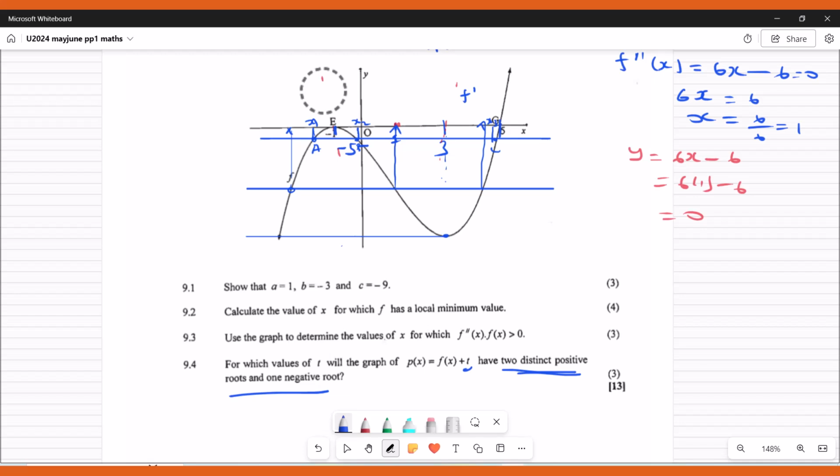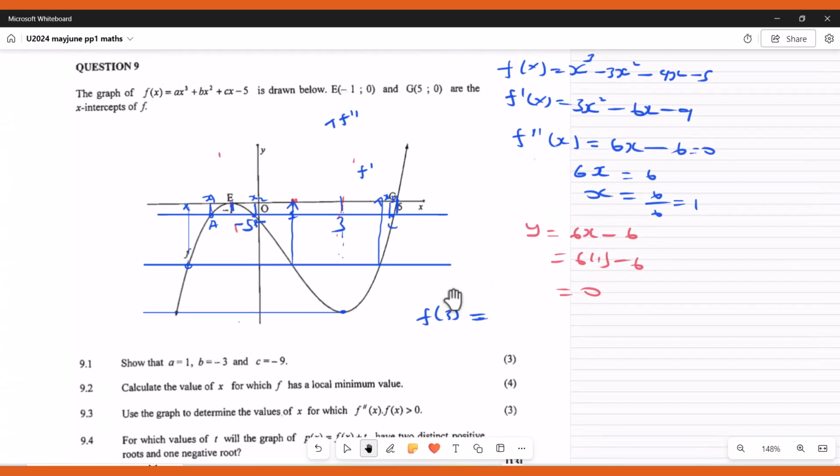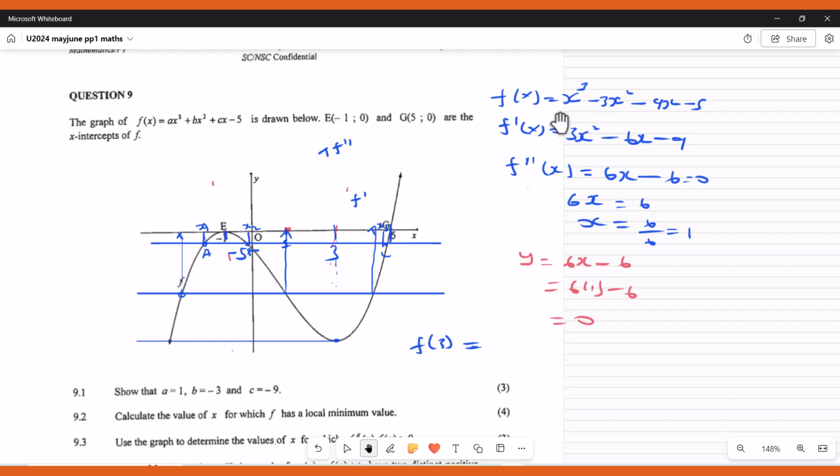So let me first find the y for this point by using this 3. I'm going to find f(3). Putting 3 into our function: 3 cubed, minus 3 times 3 squared, minus 9 times 3, then minus 5.